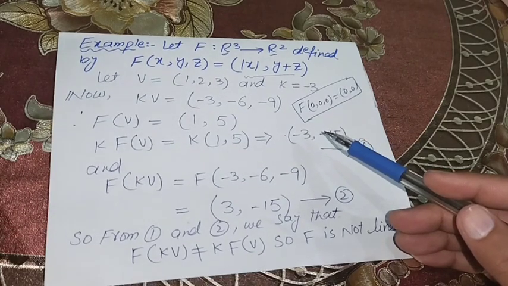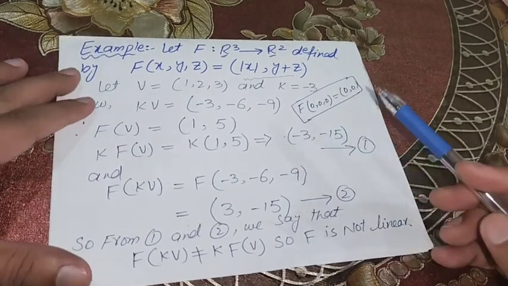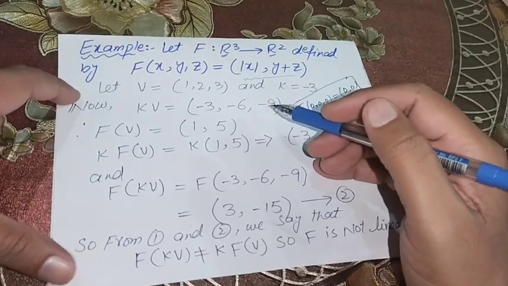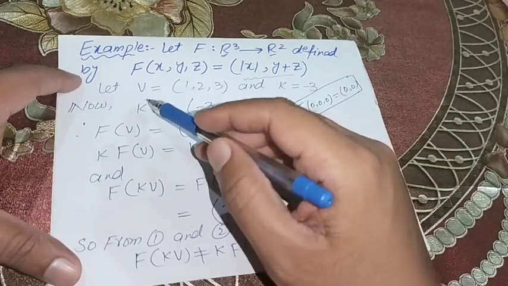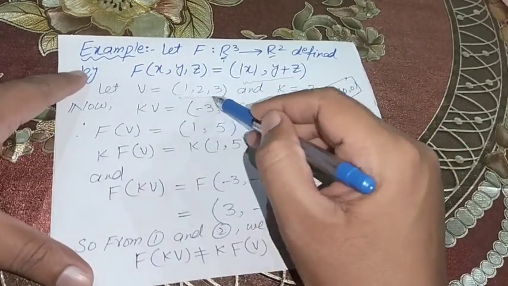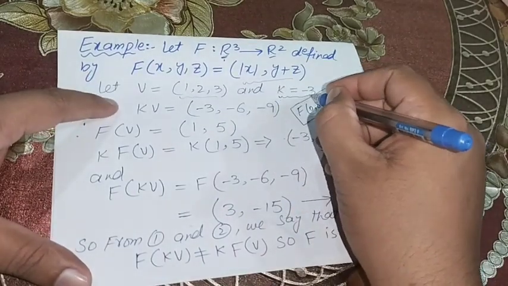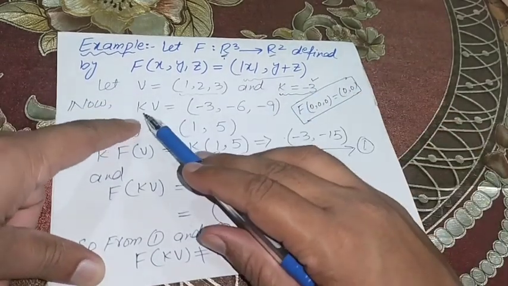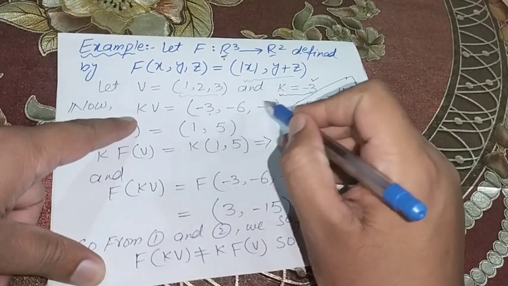But now we will check why our third condition does not hold, so we will prove this by taking a particular point in R^3. When we take v = (1, 2, 3), and any negative scalar k, and multiply k by the vector v, you will get (-3, -6, -9).